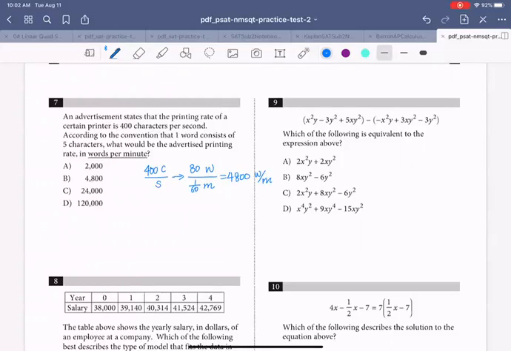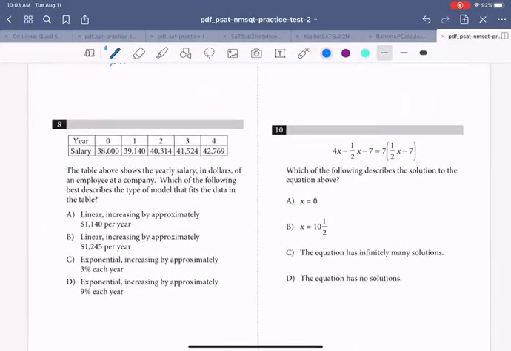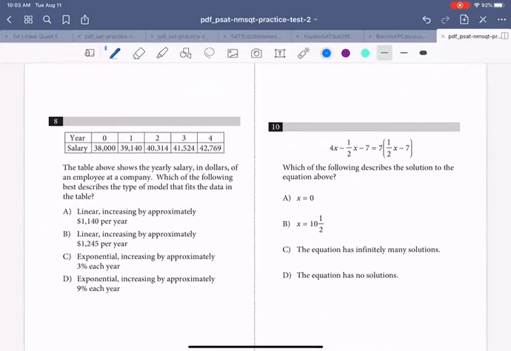B, very good. So this is still about unit conversion, okay? Yeah, this still belongs to algebra 1. Let's look at this question.